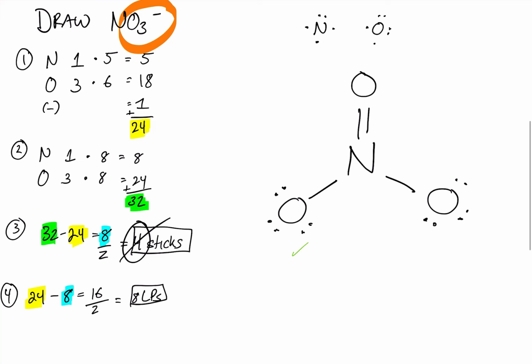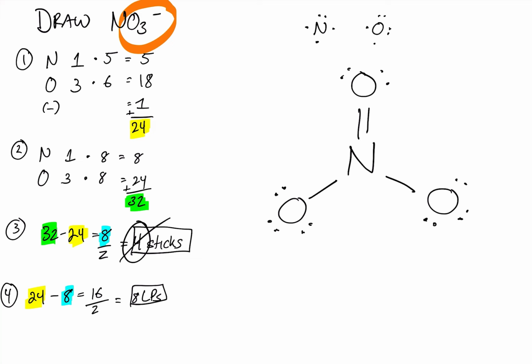And now this oxygen atom has 2, 4, 6, and 8 electrons, so it is good as well. Then finally, we have used 6 out of the 8 lone pairs. The other 2 lone pairs are going to go on this oxygen atom, and that's going to give us, again, 2, 4, 6, and 8. That double bond is sharing 4 electrons in total. So those oxygen atoms are all good.